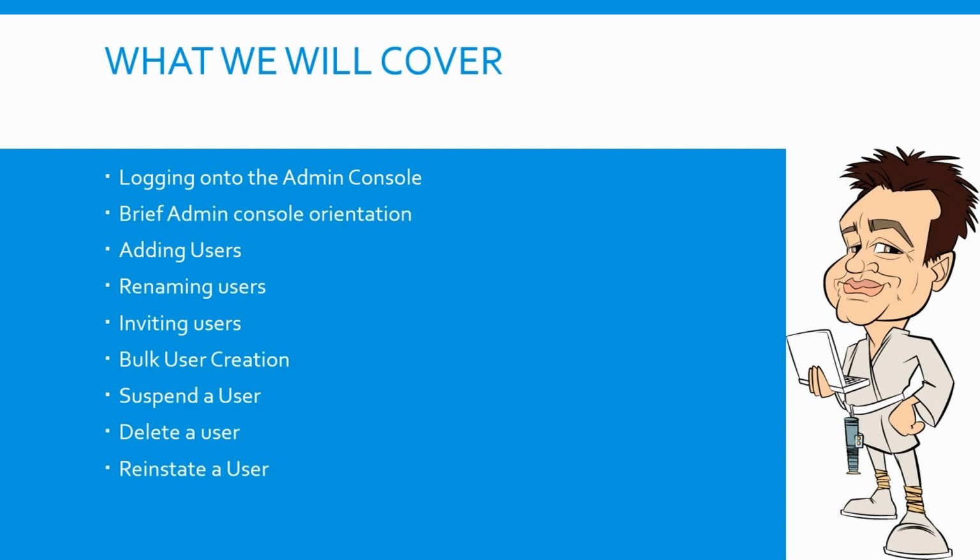So what we're going to cover: logging into the admin console from a general web browser, a brief console orientation and tour to see what the icons do and the functions that are available to us, adding individual users, renaming users should their personal details change during the course of their employment with our company, inviting users, bulk user creation, normally done with a large group of users, perhaps at the beginning of a deployment, how to suspend a user, how to delete a user, and then finally how to reinstate a user that has been previously deleted.